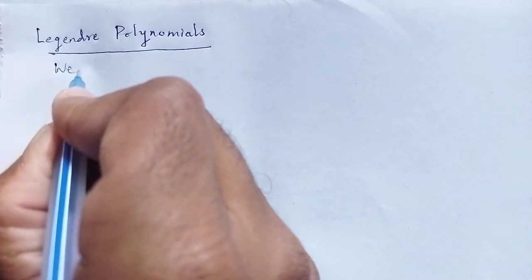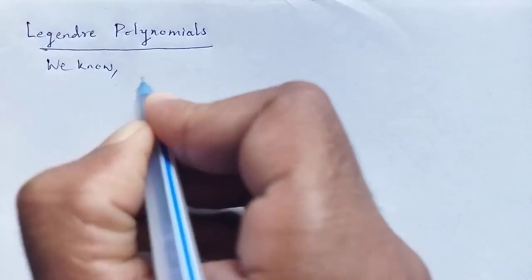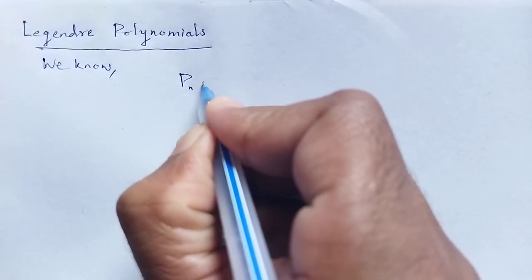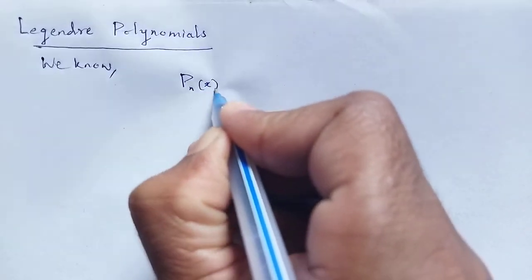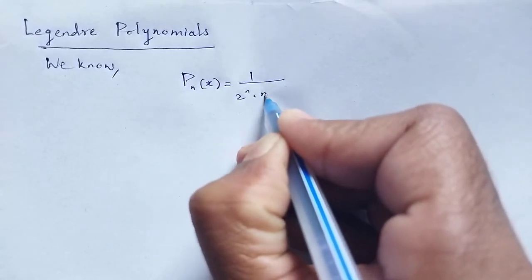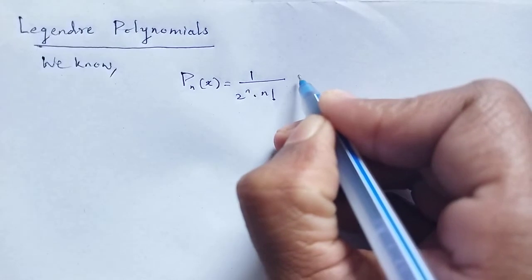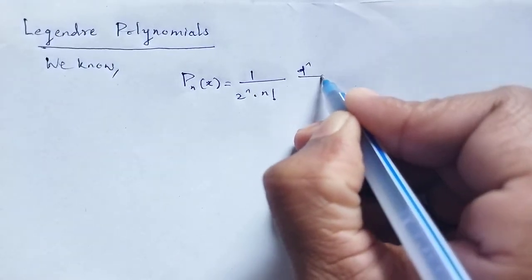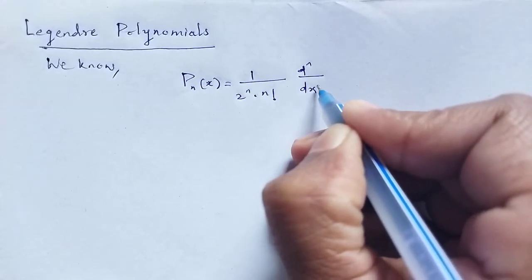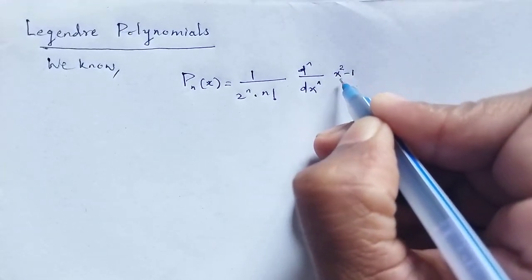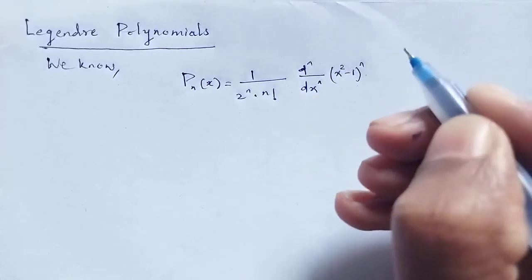We know the Rodrigues formula will be Pn of x is equal to 1 by 2^n into n factorial d^n/dx^n of (x^2-1)^n.